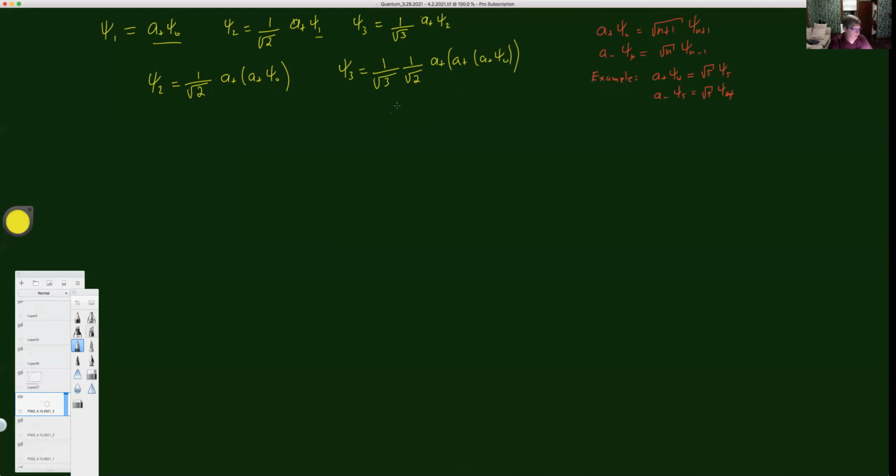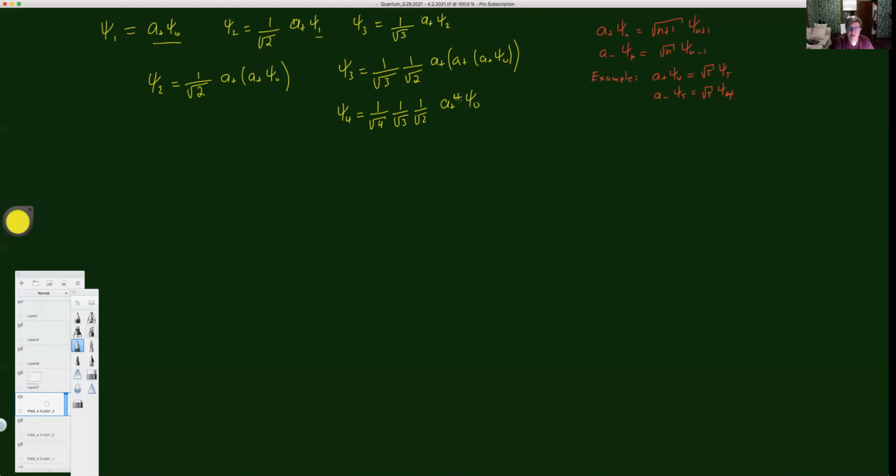And just for the heck of it, psi 4, which we didn't write, but you can prove this to yourself, is 1 over the square root of 4, 1 over the square root of 3, 1 over the square root of 2, A plus to the 4th acting on psi naught. Notice this is A plus to the 3.